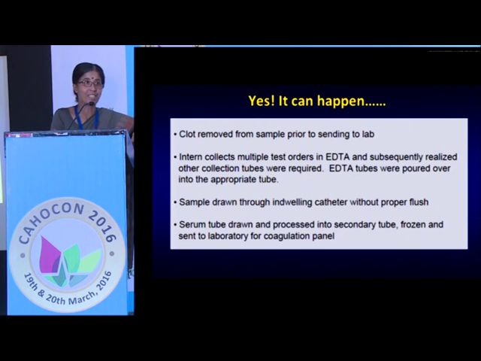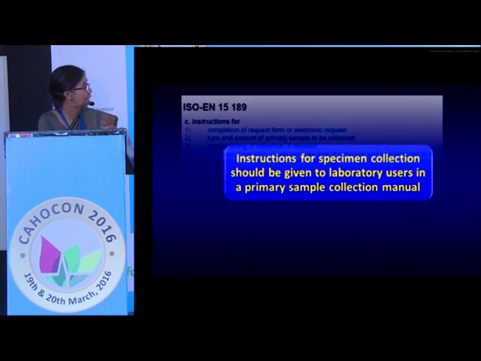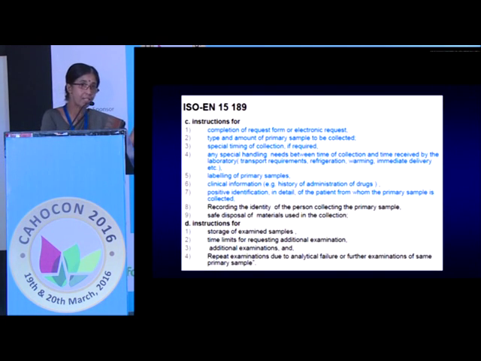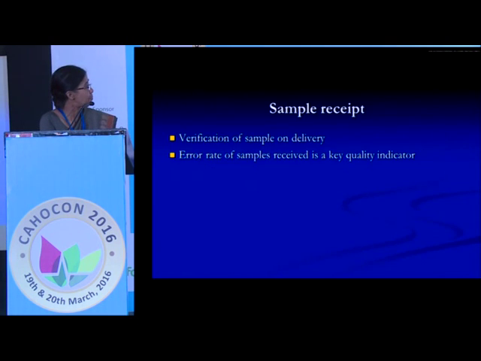But yes, these are things which we have to keep in mind to ensure that we give correct results. So instructions for specimen collection, handling, transport, and processing need to be documented in the primary sample collection manual and strictly enforced. So the standards have listed out all these instructions, and one should carefully follow them.